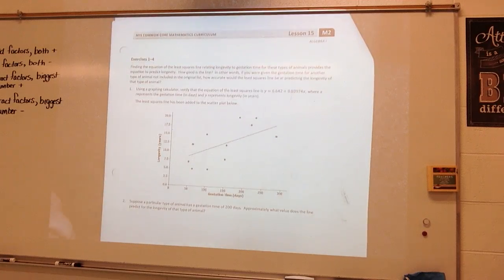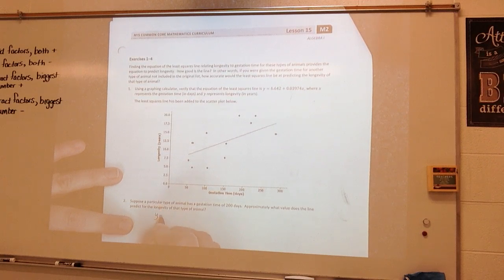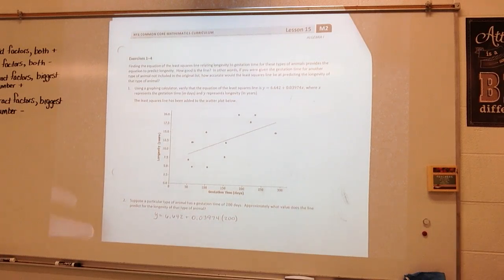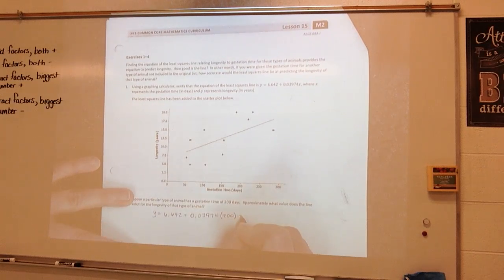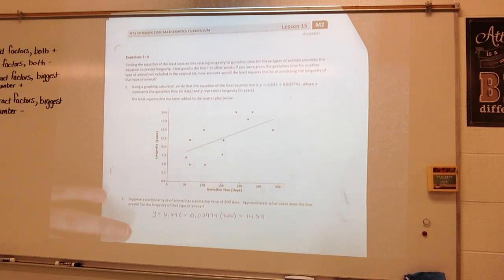This is where we plug into our equation. y equals 6.642 plus 0.03974 times 200, and that equals 14.59, or approximately 14 6/10 years.